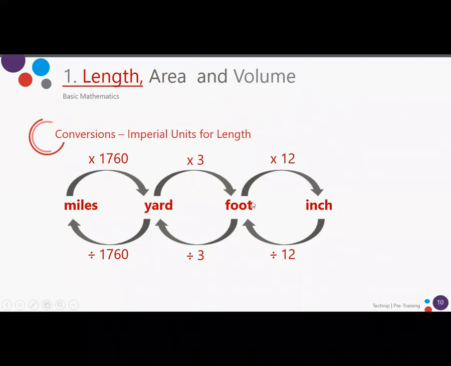When you have feet, you divide by 3 to get yards. And if you have yards, you divide by 1,760 to convert to miles.